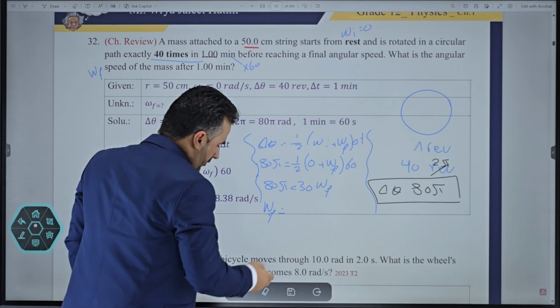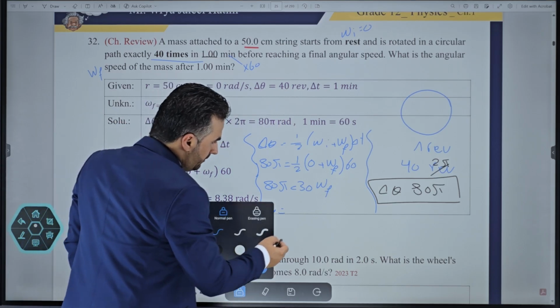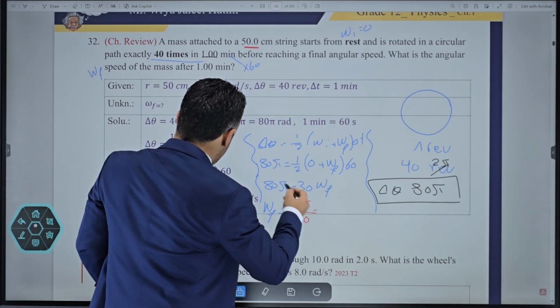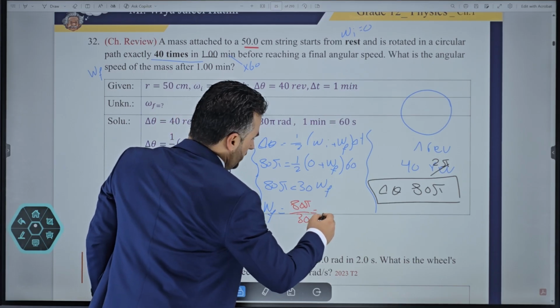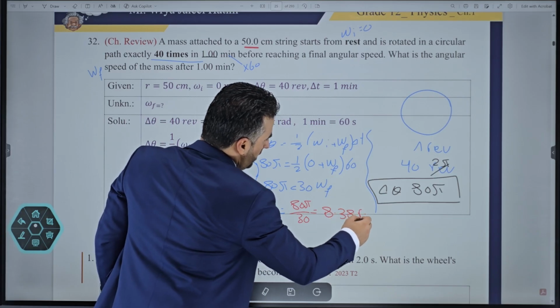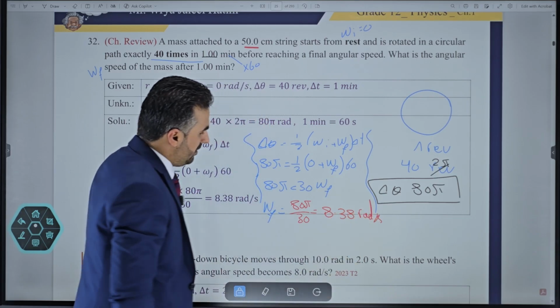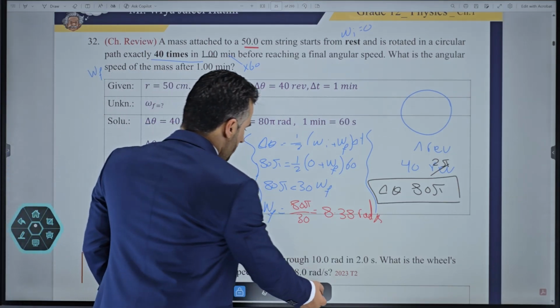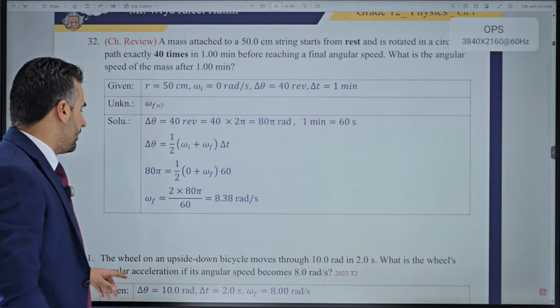You could divide both sides by 30, so that is going to be 80 pi divided by 30. Then do the math, and you will find omega final is going to equal 8.38 radians per second. And this is how you can find omega final. Pretty simple.